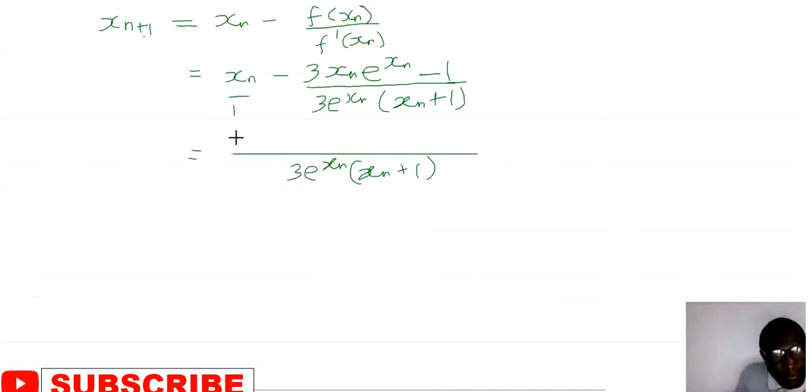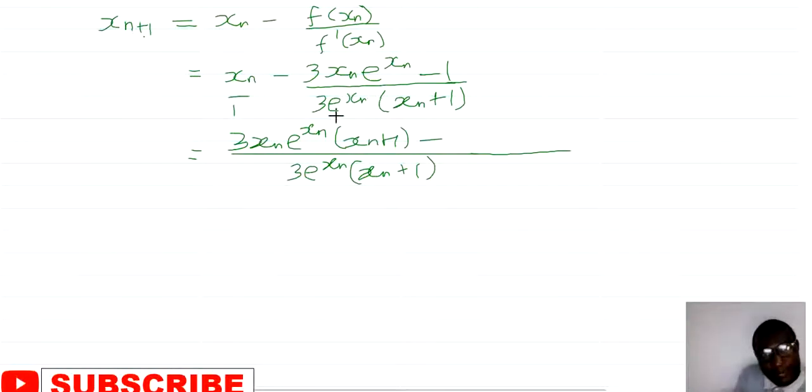We shall have xn multiplying this, so we shall have 3 xn exponential xn into bracket xn plus 1 minus this denominator divided by that very one, you get 1 times the whole of the numerator. We shall have to get the numerator. Don't forget that this negative will have to affect this negative.